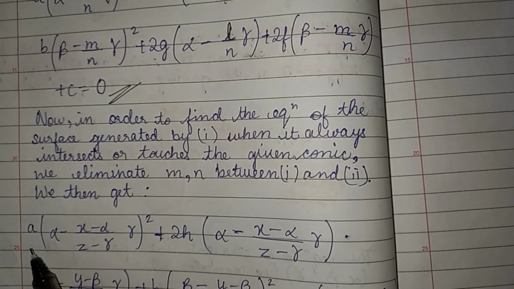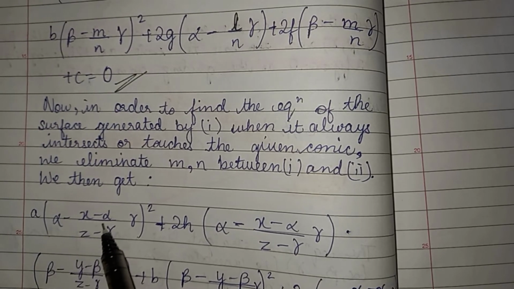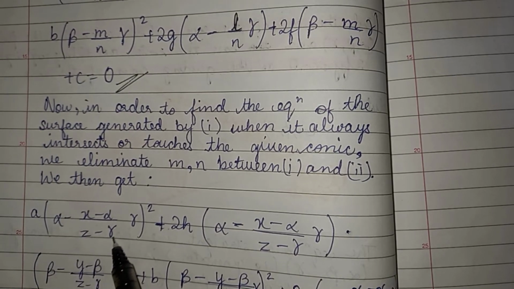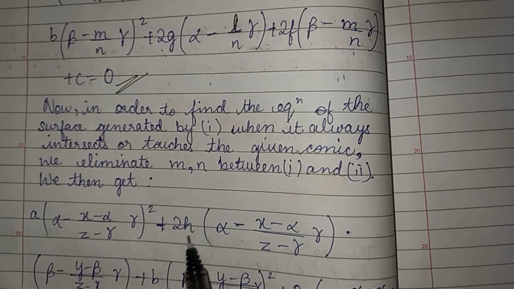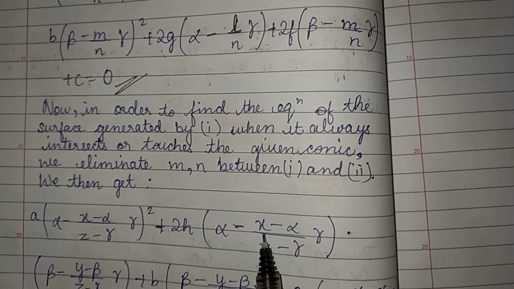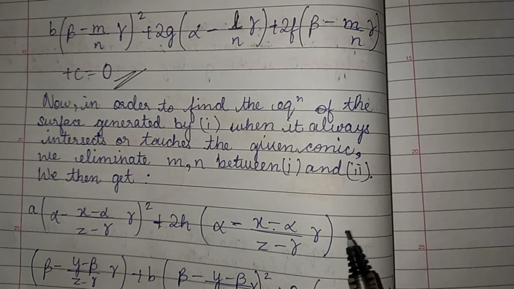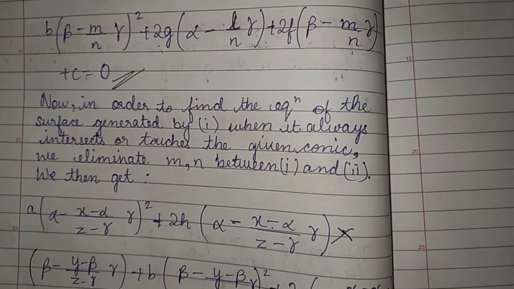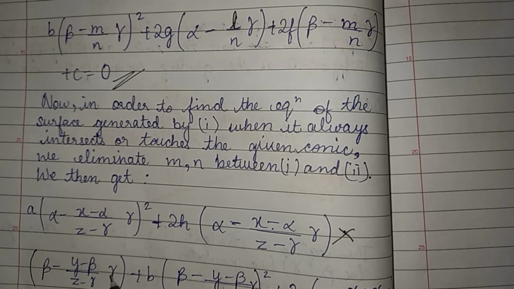So, moving further, a into (alpha minus (x minus alpha) upon (z minus gamma) into gamma) whole square plus 2h into (alpha minus (x minus alpha) upon (z minus gamma) into gamma), then again into (beta minus (y minus beta) upon (z minus gamma) into gamma).